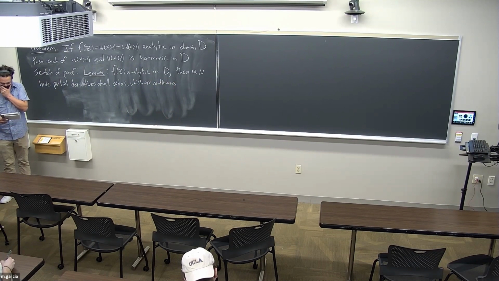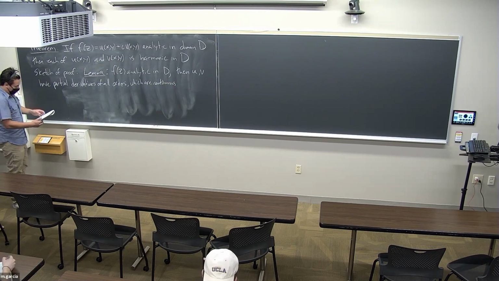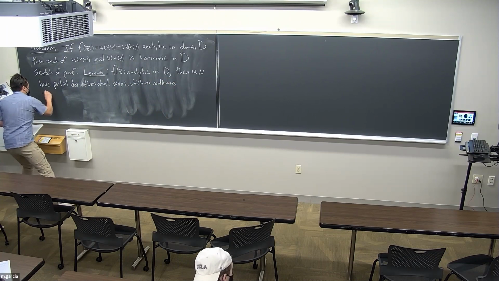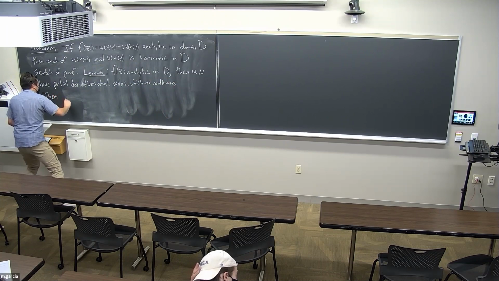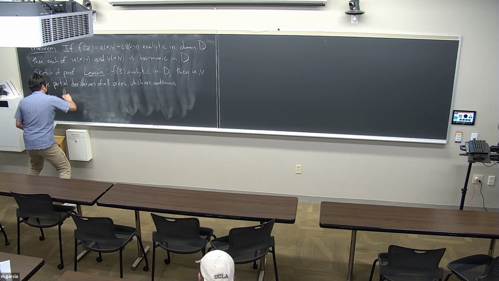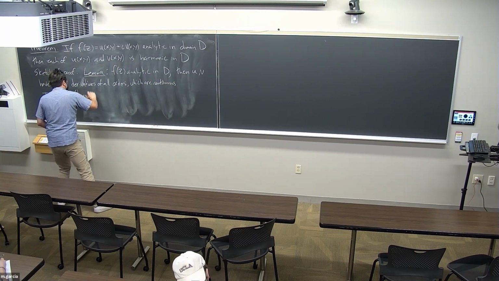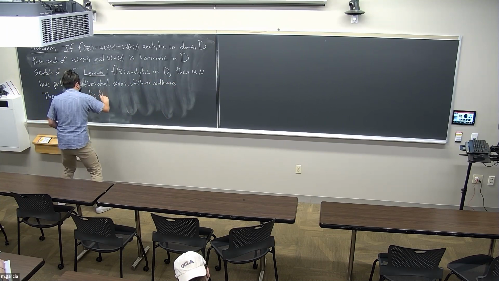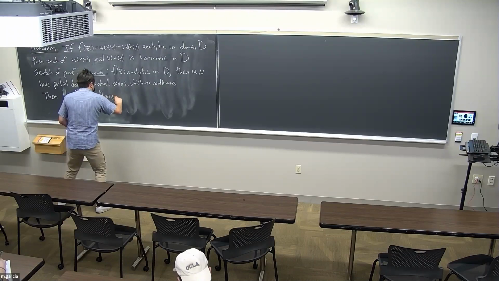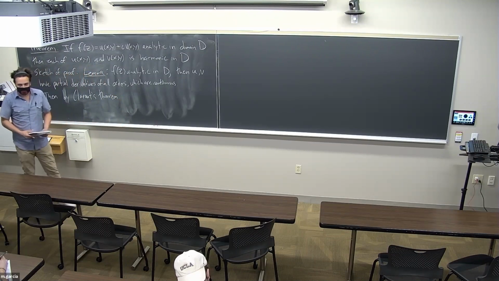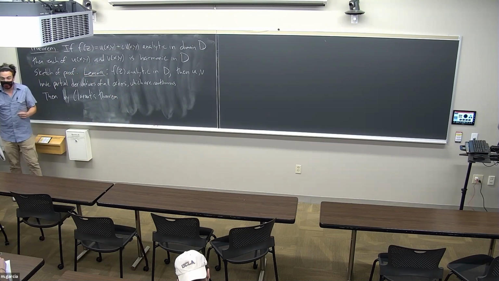Right. So then I refer to this thing by Clairaut's theorem, which is just the familiar fact from calculus 3 that mixed partials can be taken in any order. Okay?